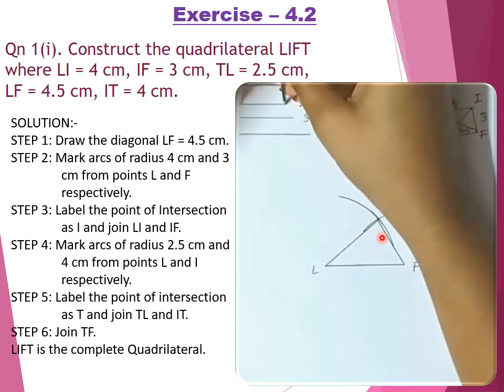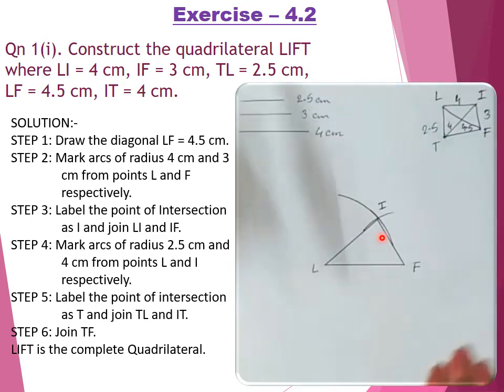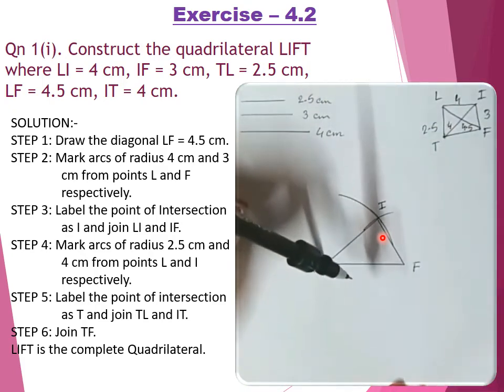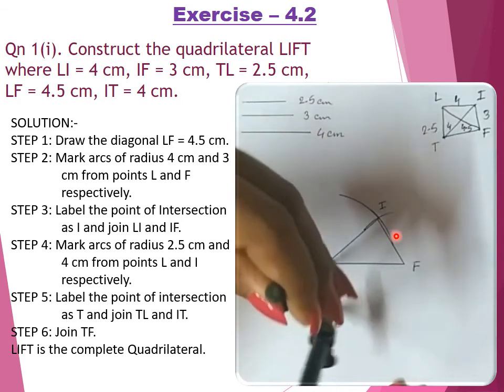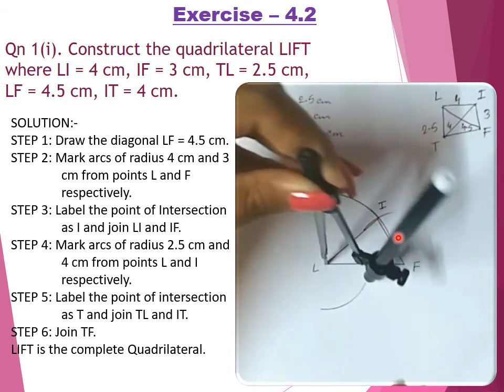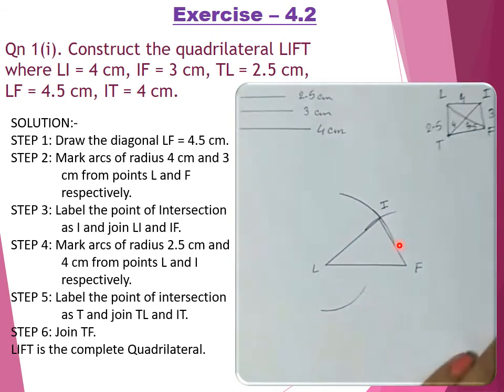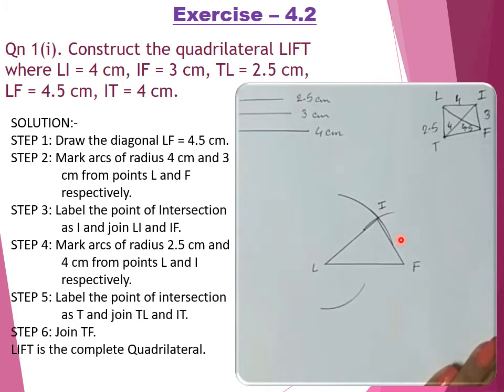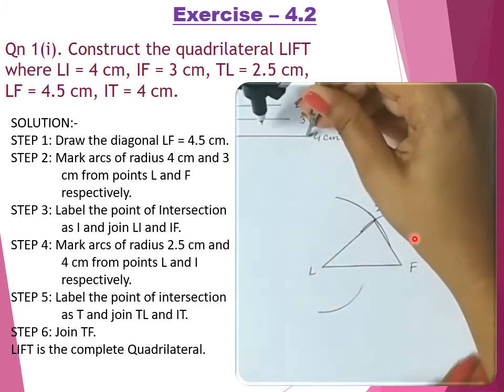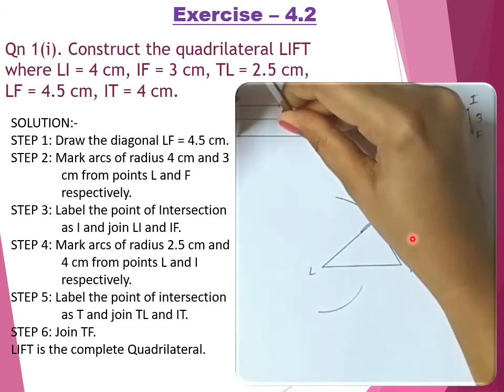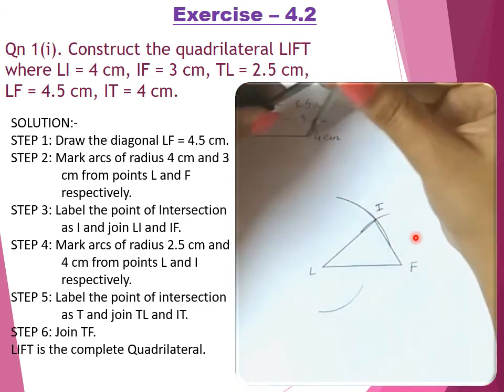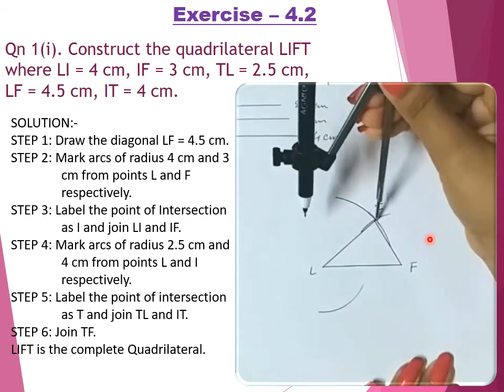So we will take first 2.5 centimeter and draw an arc from point L. Then from point I we will draw an arc radius of 4 centimeter.